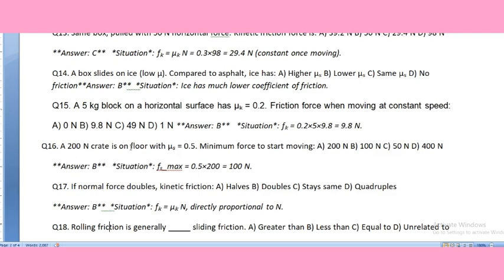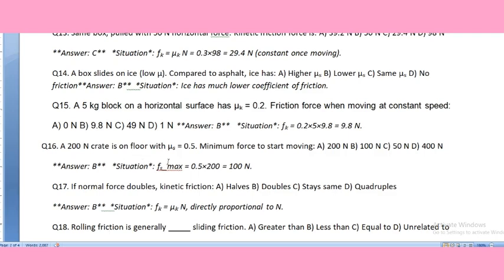The next question, question number 16. A 200 Newton crate is on a floor with a coefficient of static friction equal to 0.5. The minimum force to start moving this object is equal to: choice A, 200 Newton; choice B, 100 Newton; choice C, 50 Newton; choice D, 400 Newton.